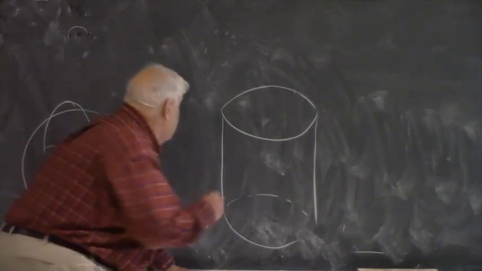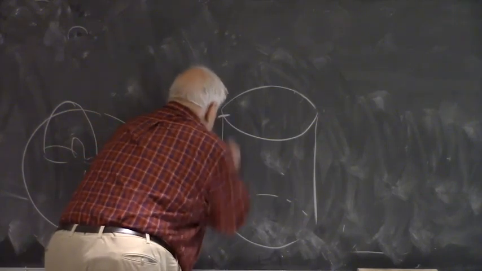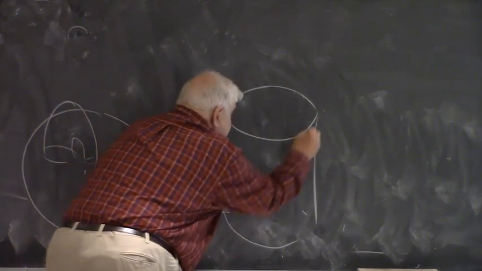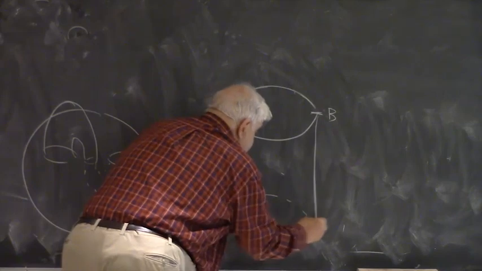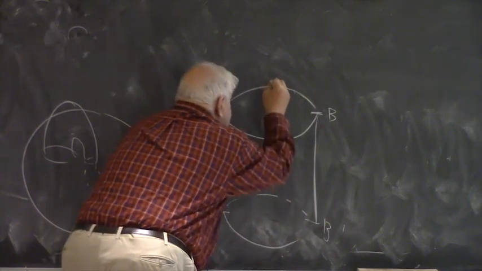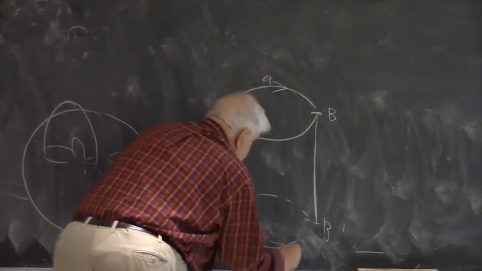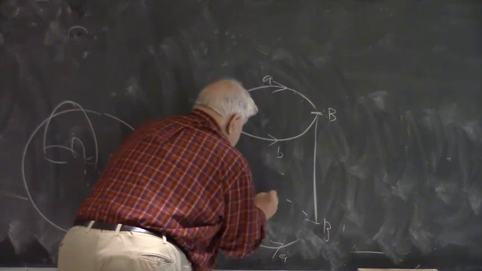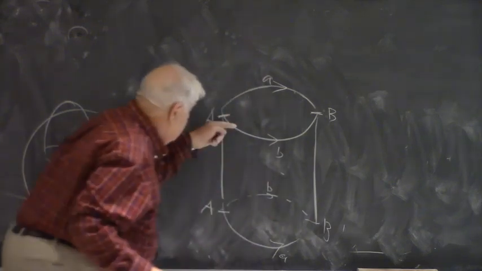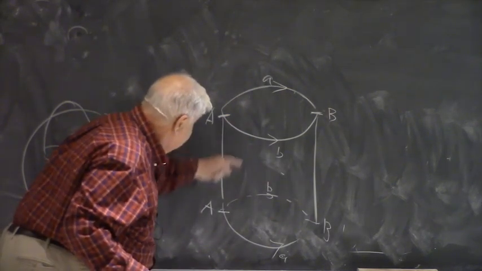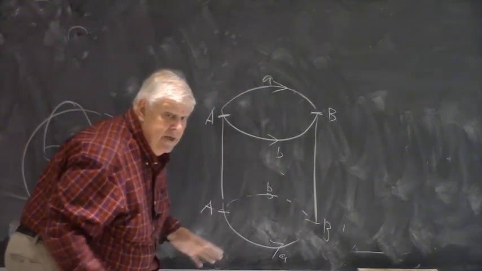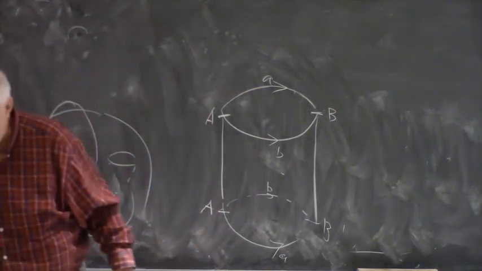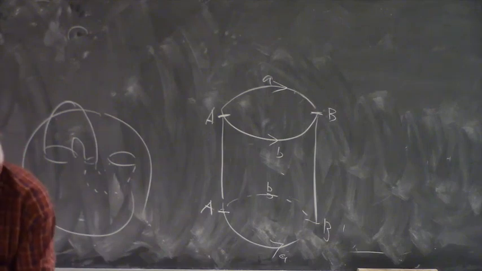It can be done in the following way. This point is attached to this, this to this, this to this, and this to this. Just we attach the two bases using the reflection of the circle in the diameter.